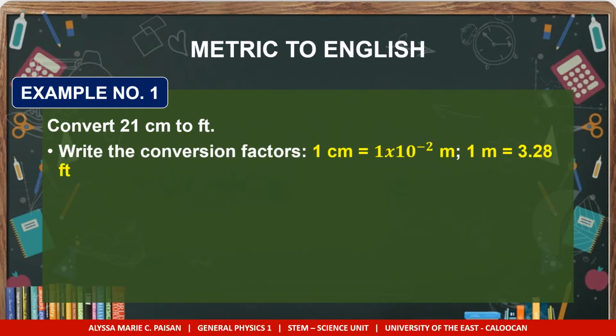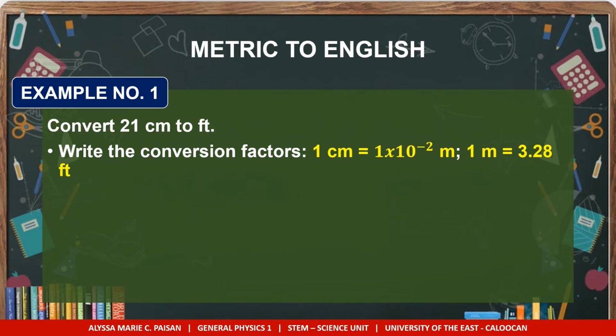We have the conversion factors. 1 centimeter is equal to 1 times 10 raised to negative 2 meters, and 1 meter is equal to 3.28 feet. Why are there 2 conversion factors? Because if we go back to the table, notice that there is no conversion factor which directly converts from cm to feet.